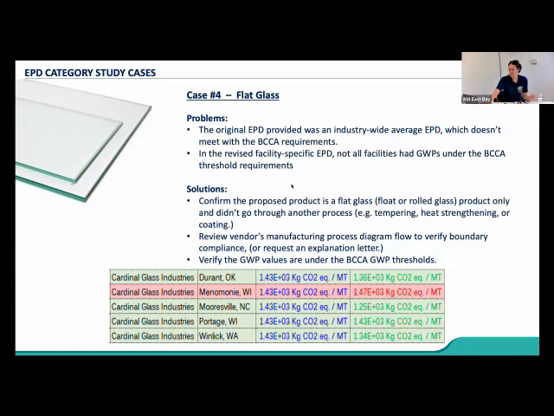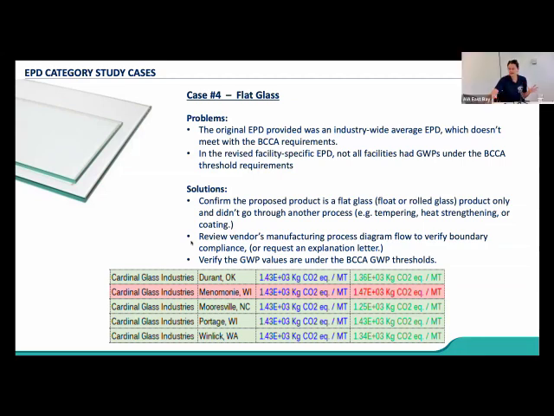So what we would recommend is confirming that the proposed product is flat glass, first of all. Are we looking at the right number when we're looking at this? And then again, similar to the structural steel comment, making sure that they are delineating their boundaries for accounting correctly, because this is newer to the flat glass industry.